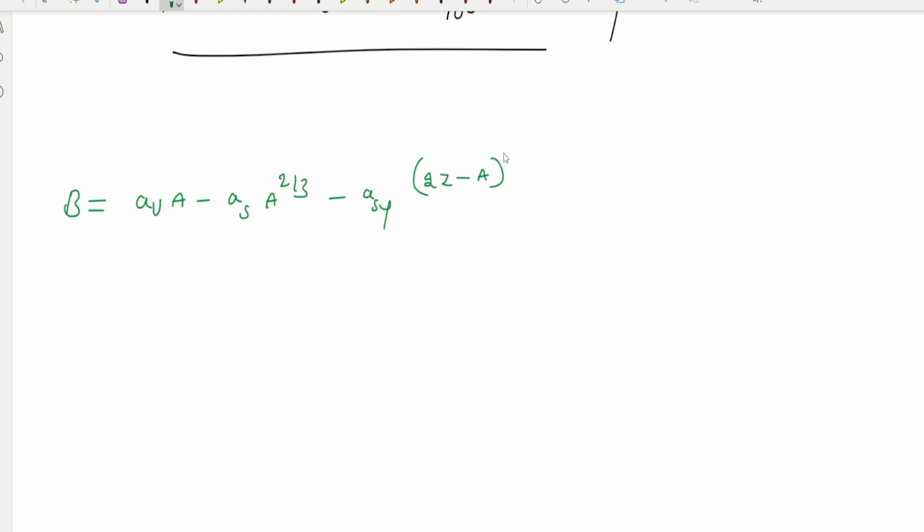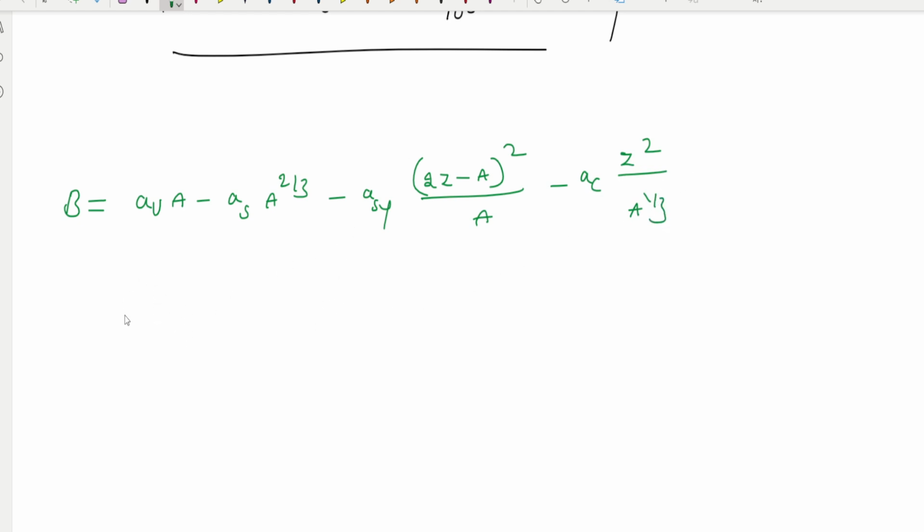Binding energy, they are giving like this: binding energy B equal to A power 2 divided by 3 minus, this is symmetric, 2Z minus A whole square divided by A minus AC Z square divided by A power 2 divided by 3.